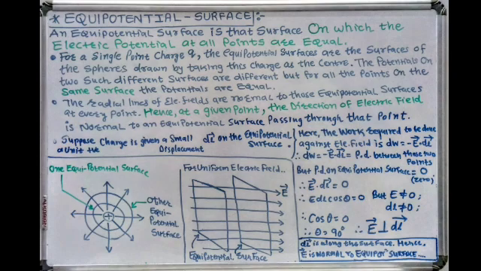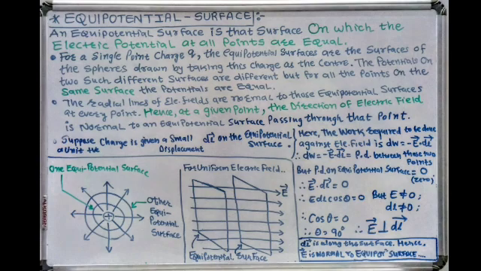For a single point charge q, the equipotential surfaces are the surfaces of spheres drawn by taking this charge as the center. The potential on two such different surfaces is different, but for all the points on the same surface, the potential is equal.